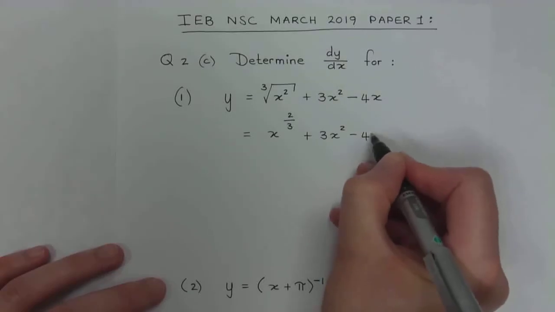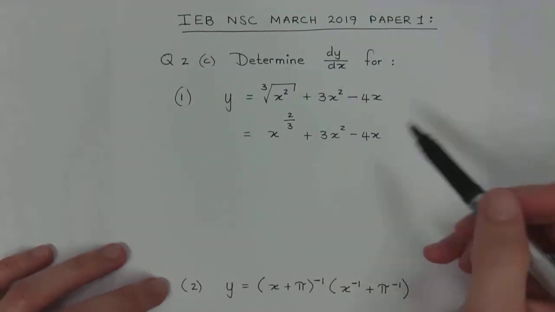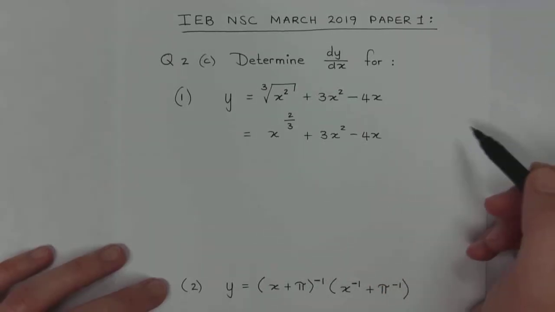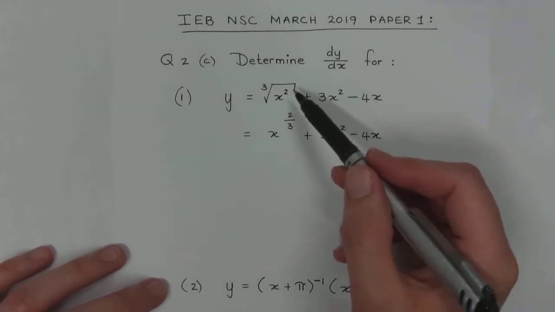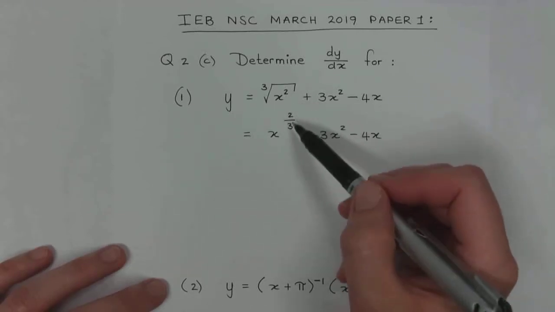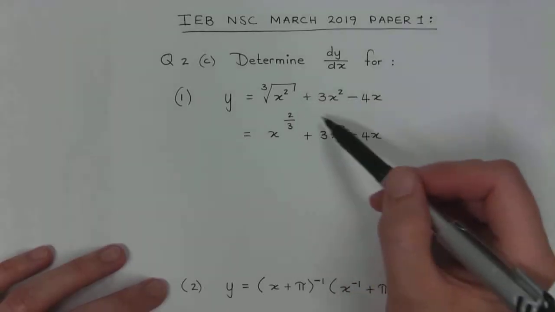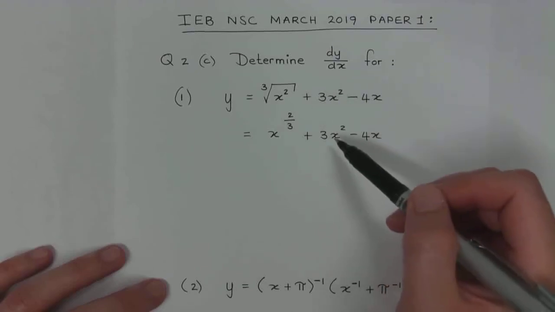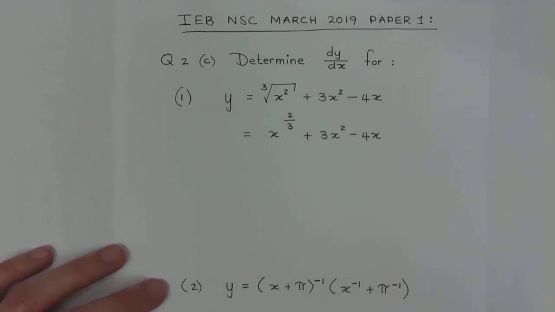Now, please note, people, you can't go and find the derivatives in batches. I've seen a lot of people go and they first write this one as x to the power of 2 over 3, which isn't the derivative. It's just simplifying or putting that surd into rational exponent form. And then I have people who go and say, oh, but this is easy. If I find the derivative of 3x squared, it's 6x. So suddenly over here, 6x will pop up.